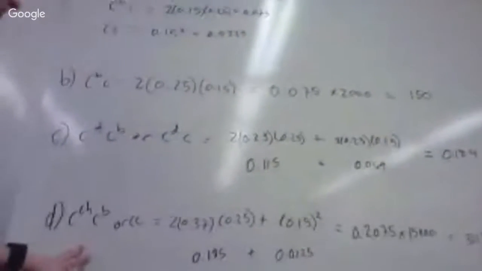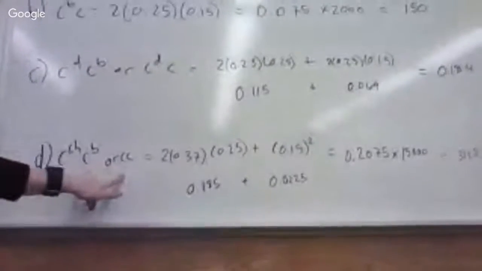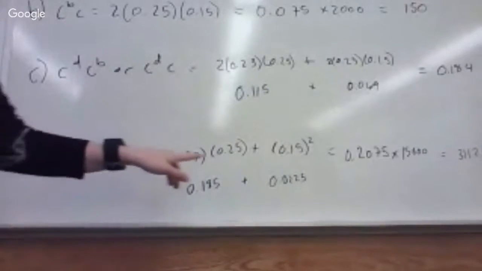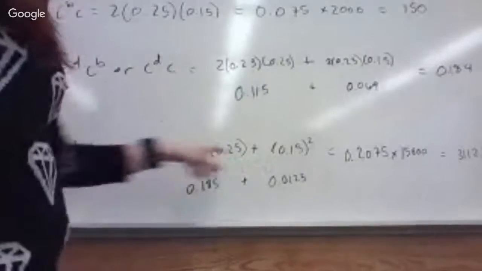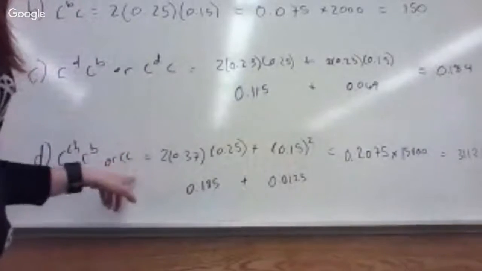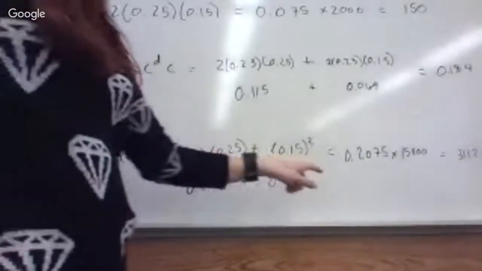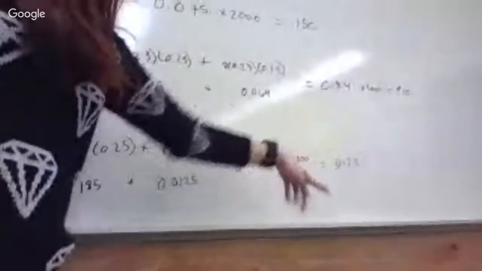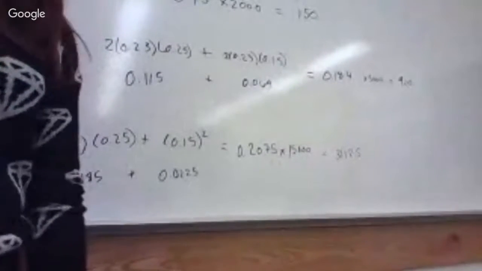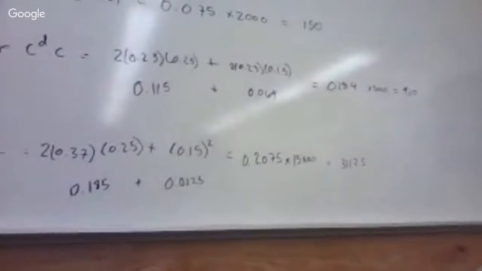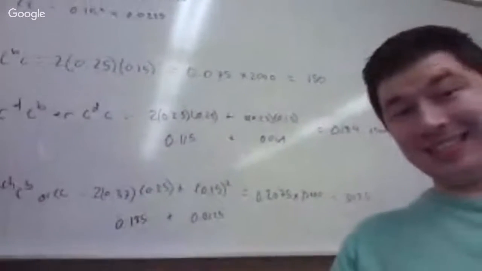Then you'll do that again for this one, for the 2 possibilities that she's looking for, and do those equations. One of these is going to be squared though, so you'll want to catch that because that's 2CC. Then you'll times that by 15,000 to get 3,112.5. And that's it. Have fun.